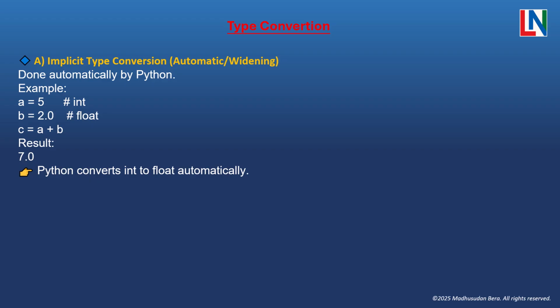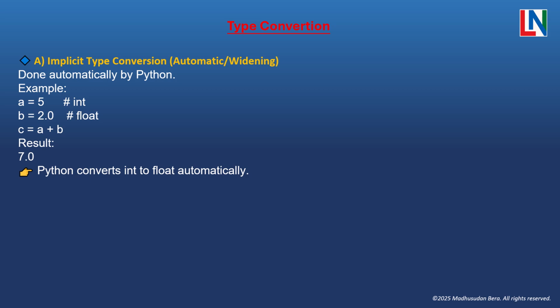Here Python converts integer to float automatically. Integer means the value of a, which is 5. It is automatically converted by Python into 5.0, then added: 5.0 plus 2.0 equals 7.0.